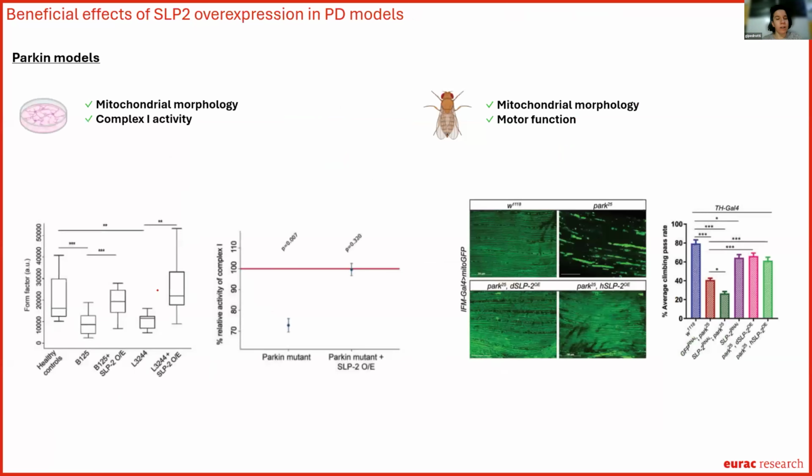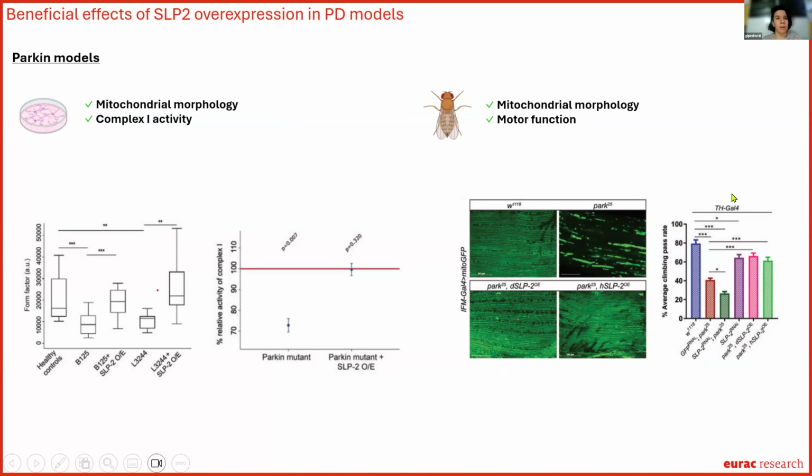Previous work in our lab, modulating SLP2 expression in different PD models, demonstrated the beneficial effect of this approach. In Parkin models, both in vitro and in vivo, we have a rescue of mitochondrial morphology and complex 1 activity, and in vivo we also have a rescue of motor function.